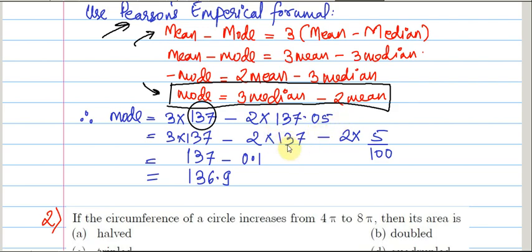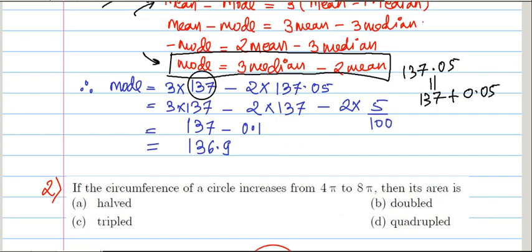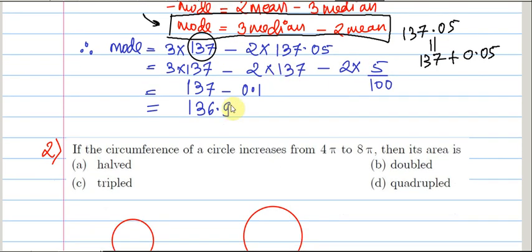So 2 times 137.05, I have written it like this: 137 plus 0.05. The remaining is the usual calculation. I don't want to handle the direct multiplication; I am comfortable with dealing with fractions. You can multiply directly and get this answer.